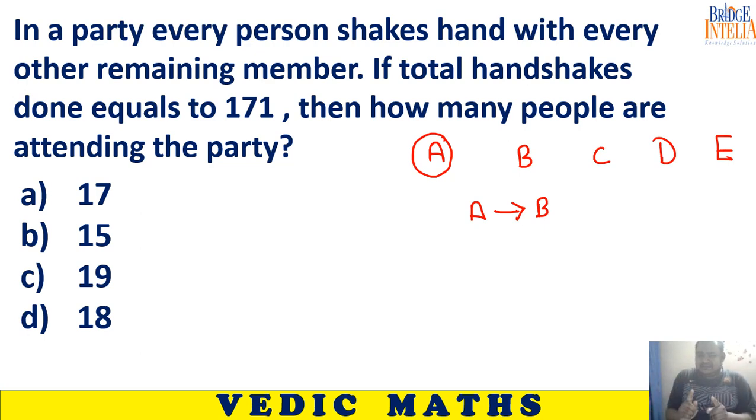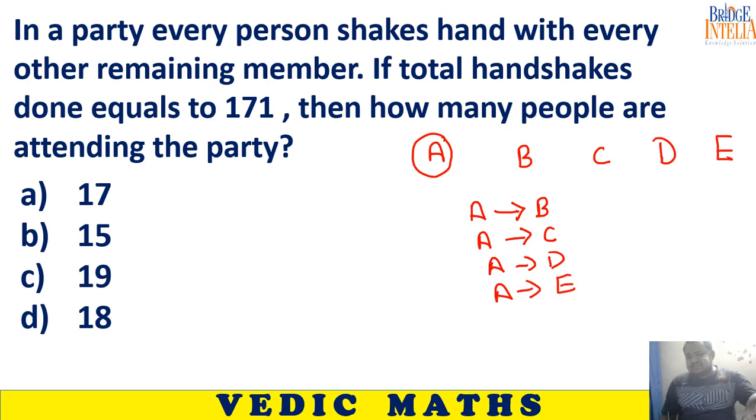It is the same thing. So in one single handshake, A and B both have shaken hand with each other. So as per this question, A will shake hand with B, A will shake hand with C, A will shake hand with D, A will shake hand with E. Every person will shake hand with every other person.